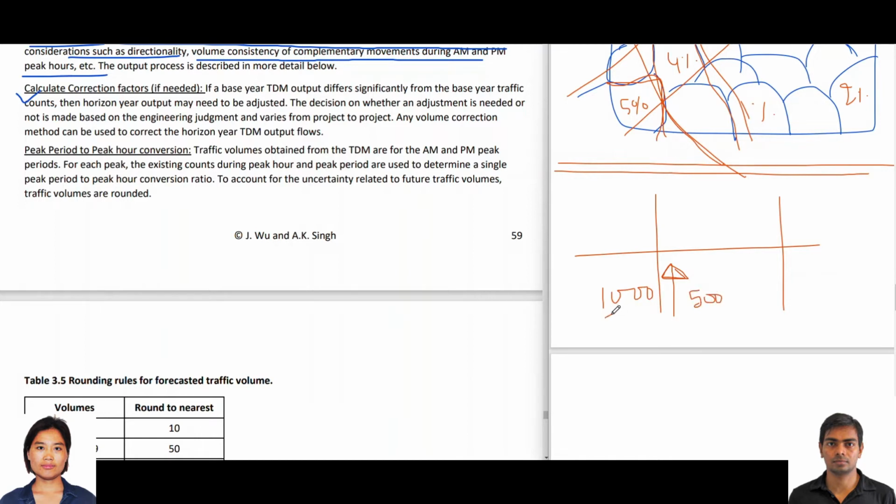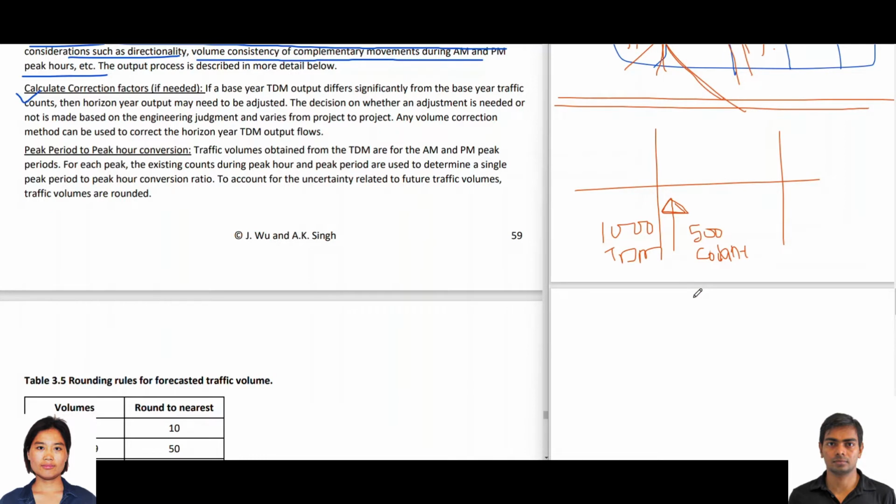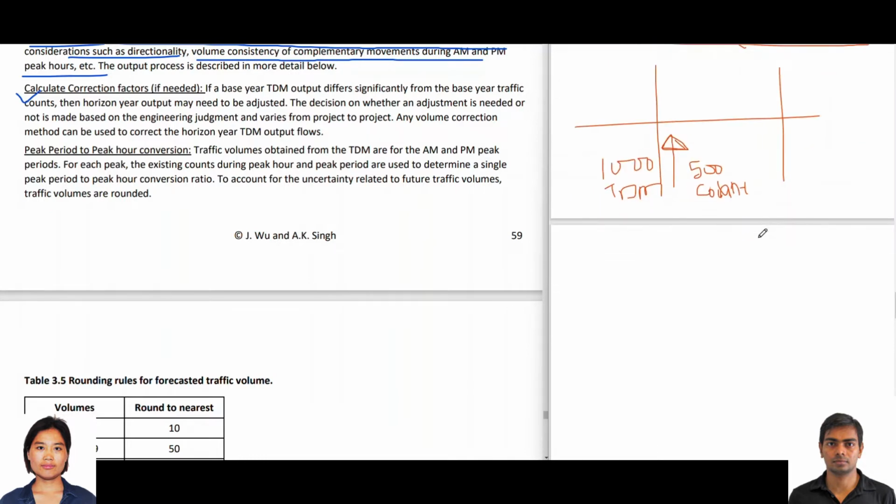So this is what the travel demand model forecasted for existing, and this is what we observed in the field. Let's say we did all the calibration and this anomaly cannot be fixed. So what we can do is assume that this anomaly is gonna be there in the future, and we can adjust these numbers using either the difference method, the ratio method, or a combination of both. In this case, since this number is high, I would use the ratio method.